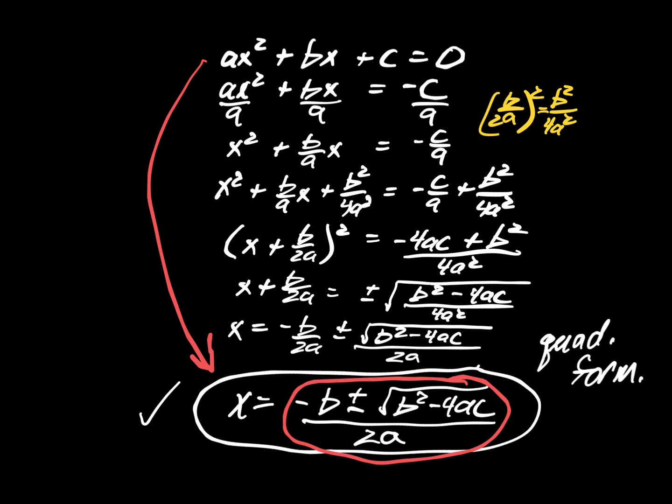Because it turns out there are problems we are going to see later. And the problems we're going to see later have to do with something called conic sections. And that's sort of the analytic geometry part of pre-calculus.